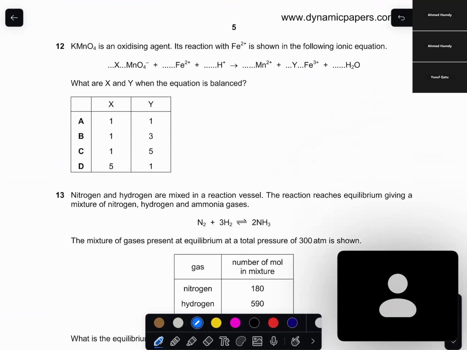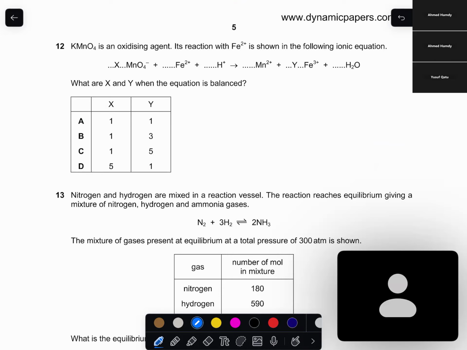Here KMnO4 is an oxidizing agent. Its reaction with Fe2+ is shown in the following ionic equation. What is the value of X and Y? We said before, to solve the redox equation, we should specify first which one is oxidized, which one is reduced, then put the number of electrons gained or lost, then try to balance the electrons, then you can balance the equation.